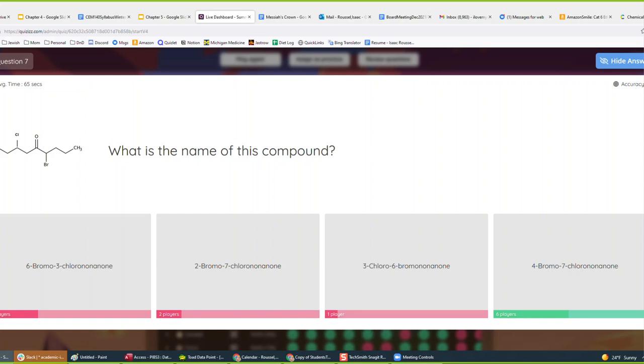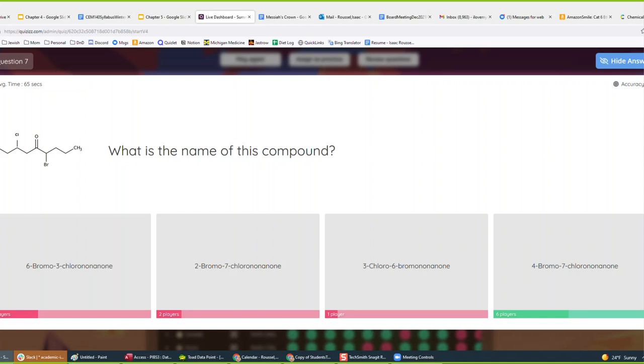So this would be 4 bromo, 7 chloro, and 1, 2, 3, 4, 5, 6. Actually, I think I got this one wrong, don't I? It should be 6 bromo, 3 chloro. So 4 of you got it right. Actually, I've got this slide wrong.